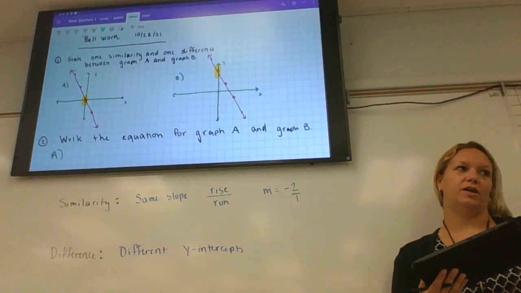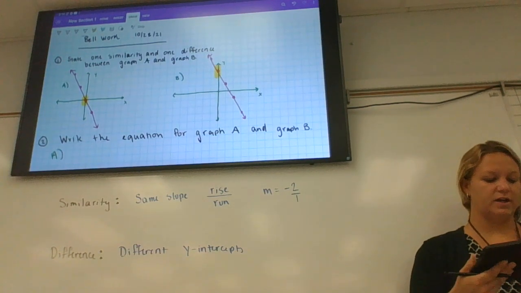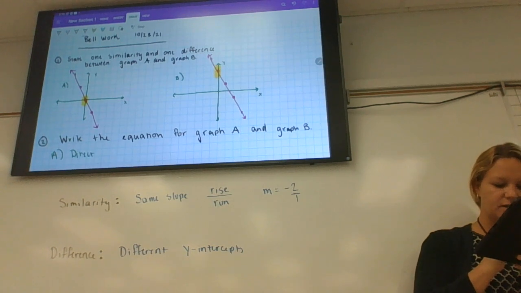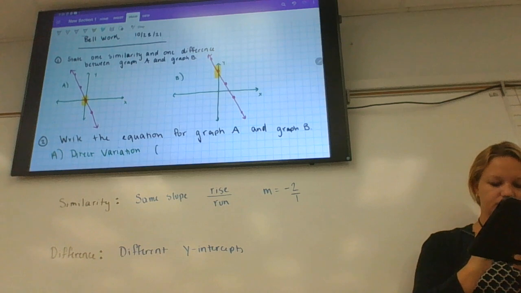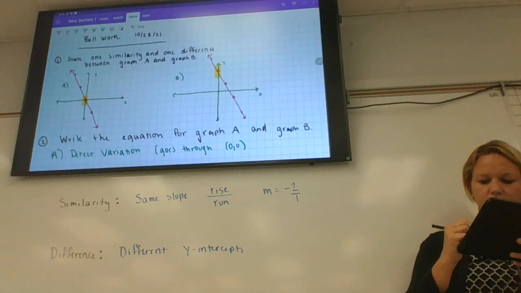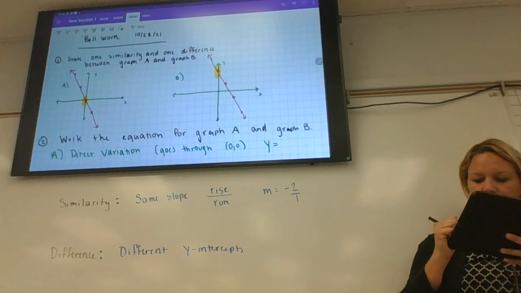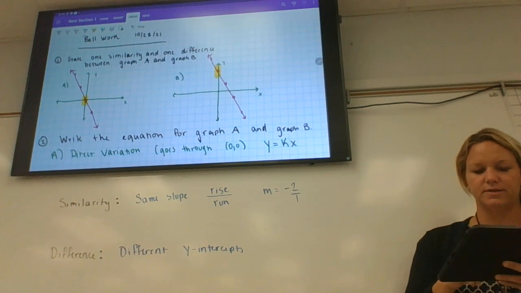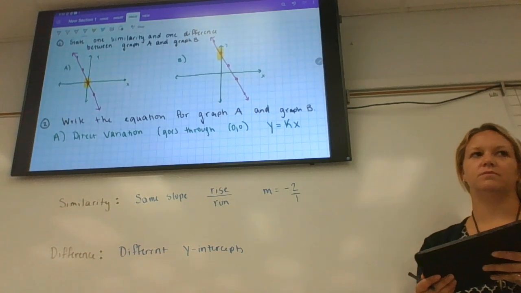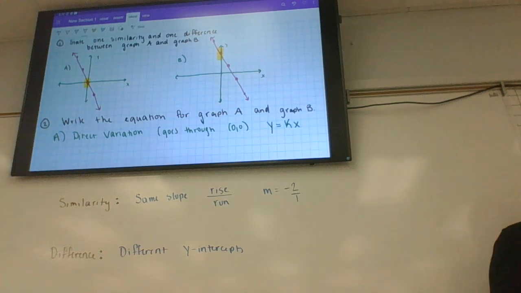Graph A is direct variation, as Libby pointed out, because it goes through 0, 0. So our equation is going to look like y equals k times x. So we just have to decide what we think k is.